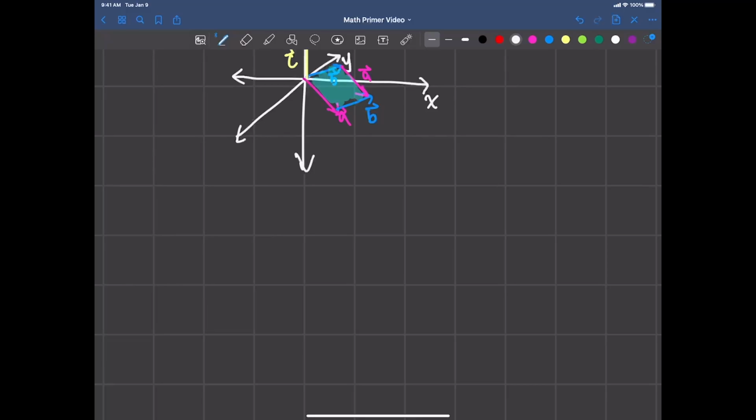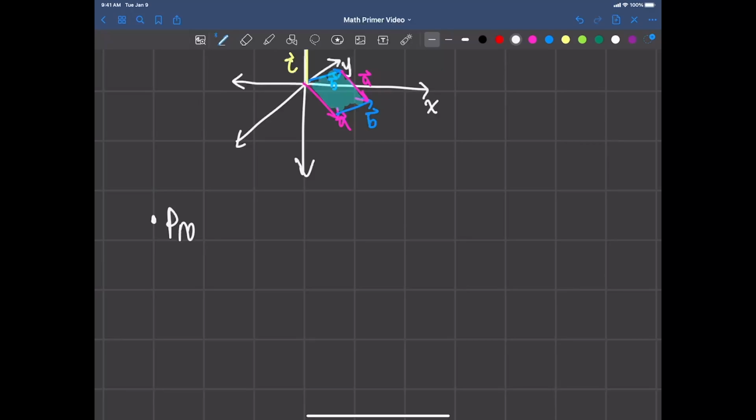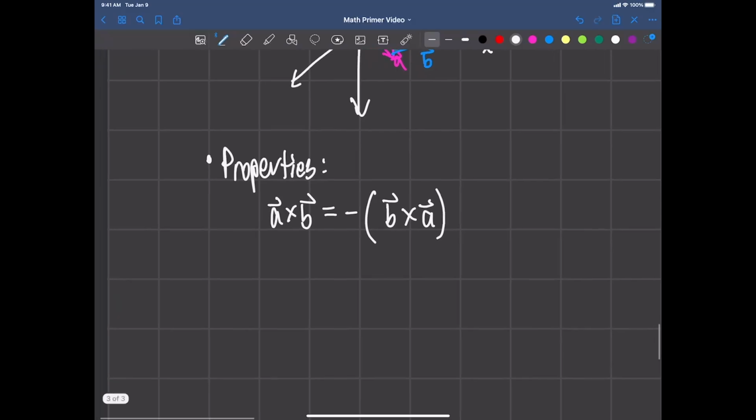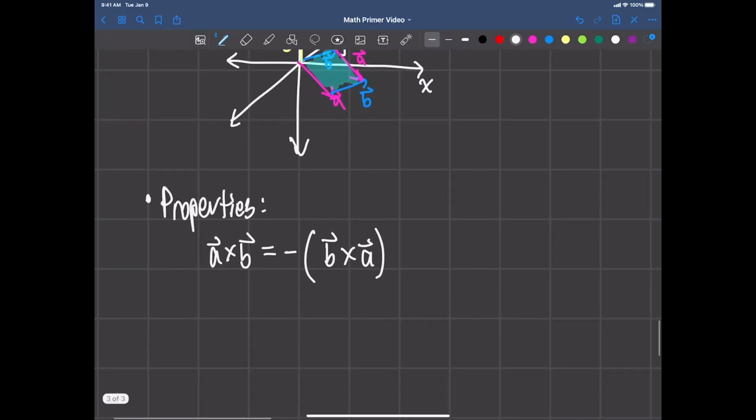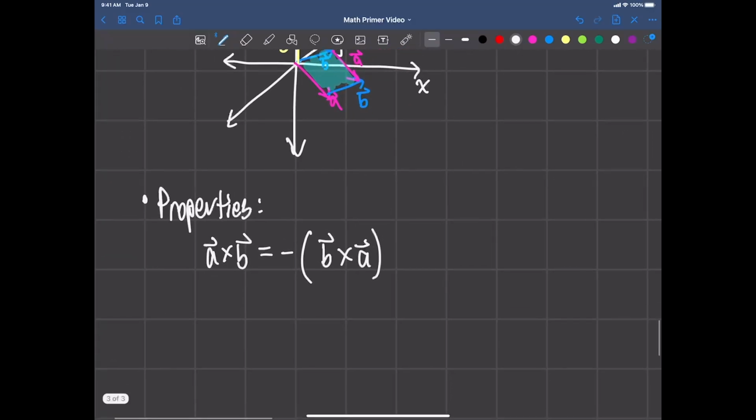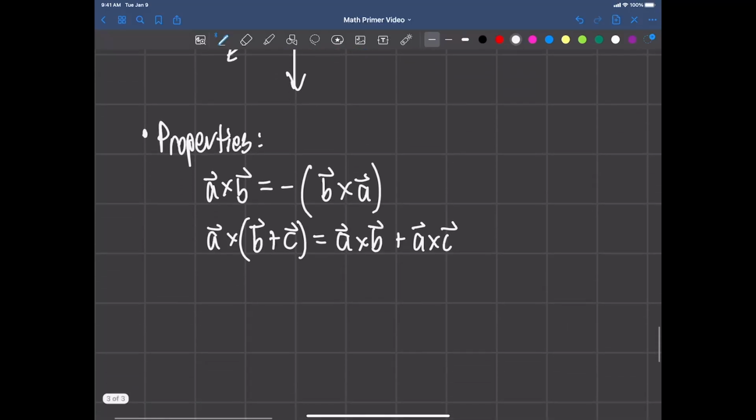Here are some properties of the cross product. A cross B is the negative of B cross A. This is called anti-commutativity. A cross (B plus C) is equal to A cross B plus A cross C. So the distributive rule applies here as well.